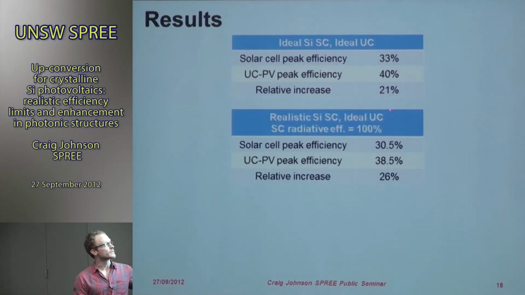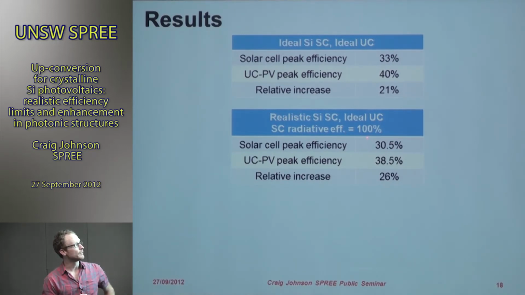For a realistic solar cell with an ideal upconverter, where the radiative efficiency of everything is 100%, the solar cell peak efficiency drops to 30.5%, but the upconverter efficiency goes up to 38.5%. And this is a relative increase of 26%.